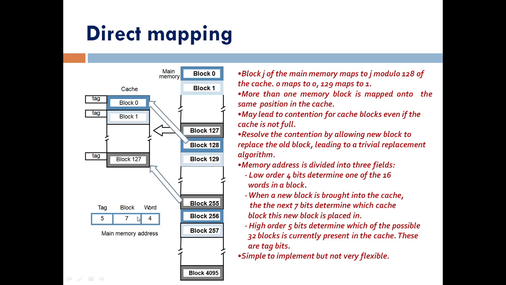The block number will be in these 7 bits. Then the high order 5 bits determine which of the possible 32 blocks is currently present in the cache. These are tag bits, used to identify the block. So this is the main memory address format. Totally 16 bits: 7 plus 5 plus 4, 16 bits of address are used.